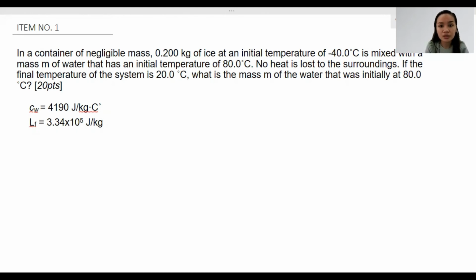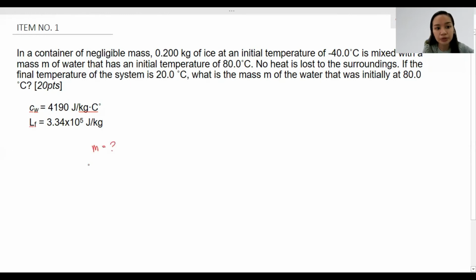No heat is lost to the surroundings. If the final temperature of the system is 20 degrees Celsius, what is the mass of the water that is initially at 80 degrees Celsius? Now for this problem, what you're going to look for is your mass M. So dito yung hahanapin ninyo is si mass.